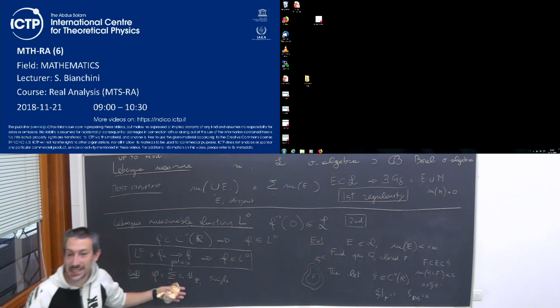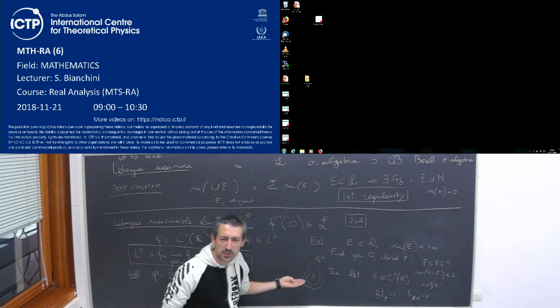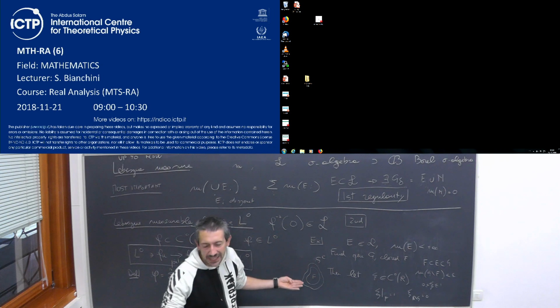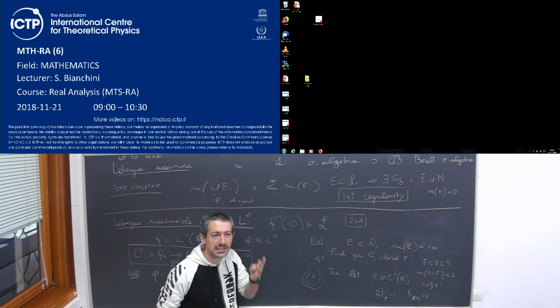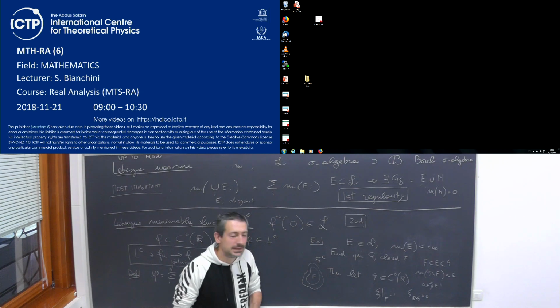But R is very nice. Yes, this I think is the fourth separation property, not the third. Given two disjoint closed sets, there exists a continuous function which is 0 on one and 1 on the other. Okay?